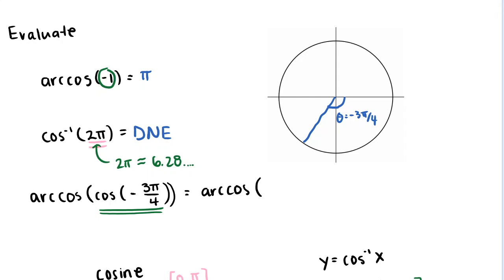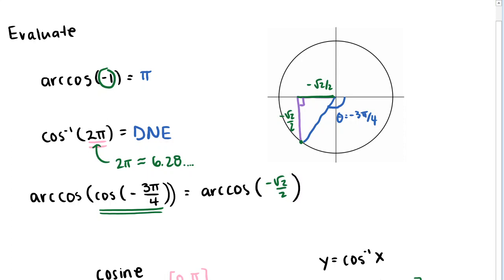This makes up a 45, 45, 90 triangle, so the side lengths we're dealing with are -√2 over 2 and -√2 over 2. And cosine is going to give us back that x-coordinate on the unit circle. So here, we're really looking at arc cosine of -√2 over 2.